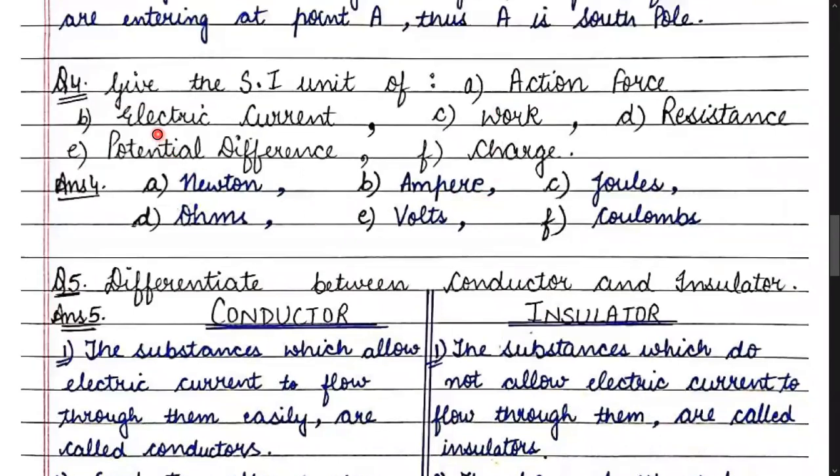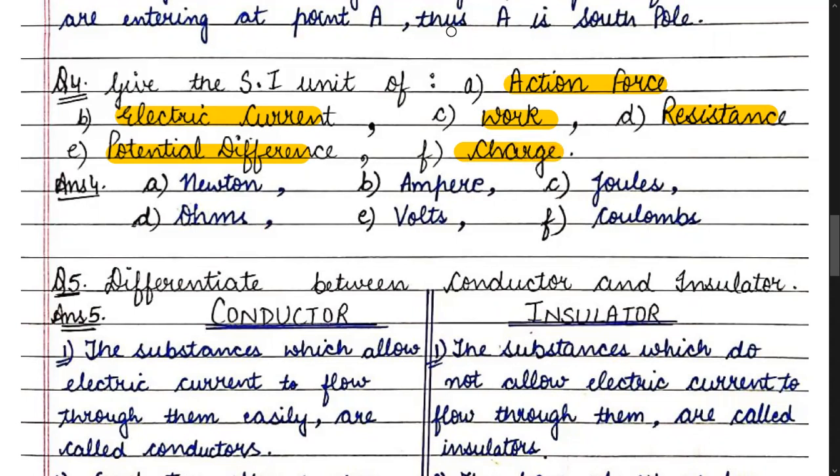Then children, kindly learn all the SI units of various terms which we have done in this term. Now the SI unit of action, we have done action and reaction in Newton's third law. So give the SI unit of action force, electric current, work, resistance, potential difference, and charge.